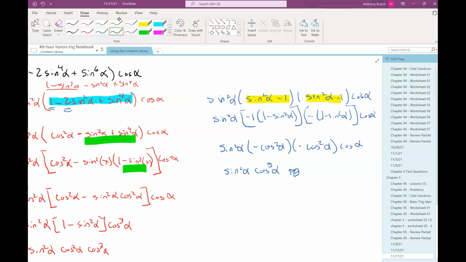Now, real talk here for a moment. If it was me doing this problem, I probably would have used the left-hand side and violated my own rules. Let me show you why.